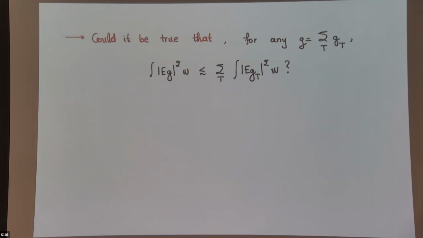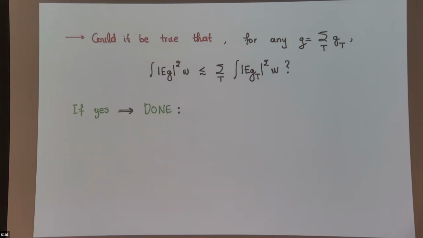Okay. And the question comes to mind that is a natural generalization of what we just talked about. If we take any function and write it as a sum of wave packets, could we decouple the contribution of this function into the contributions of the individual wave packets? Could that be true in general, not just in the last example?